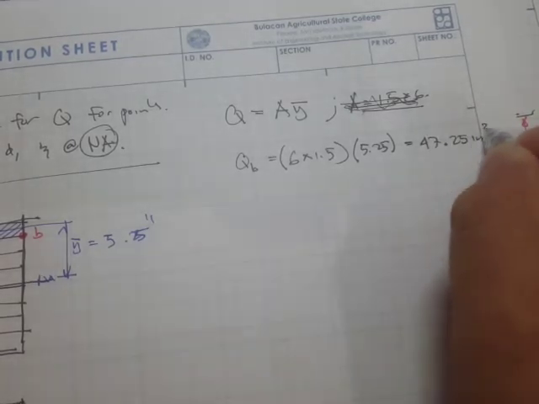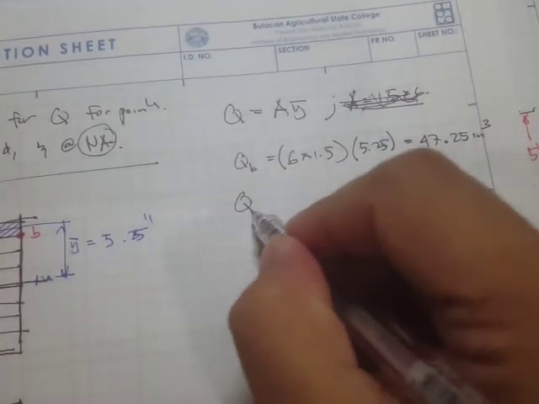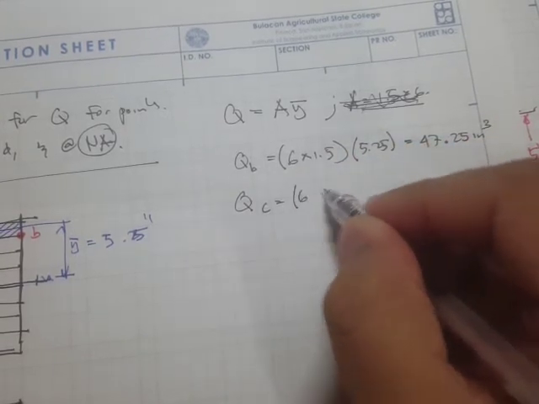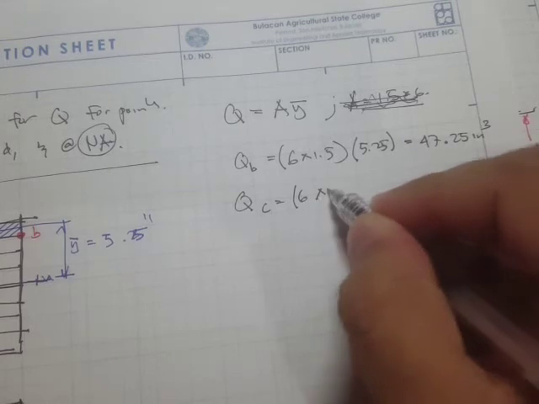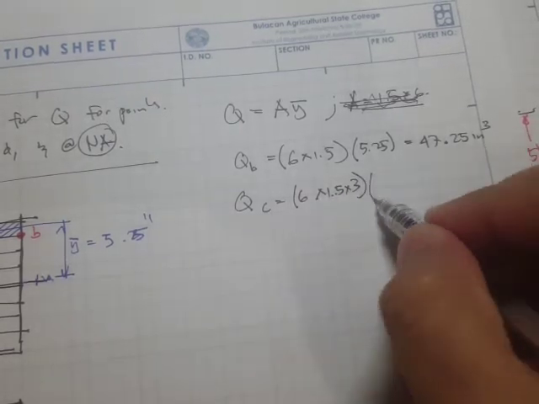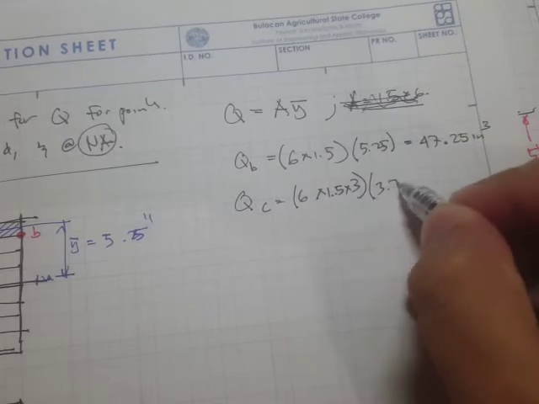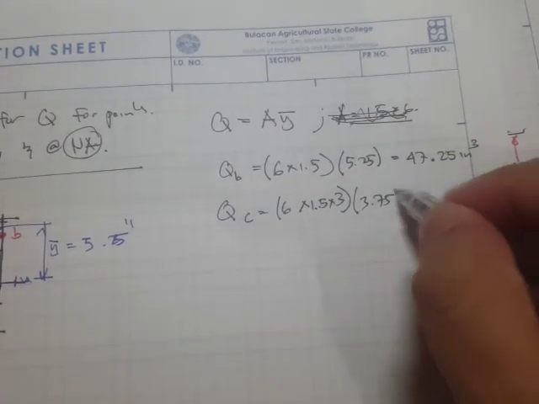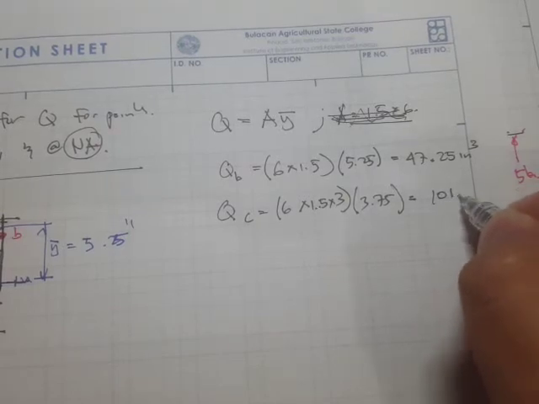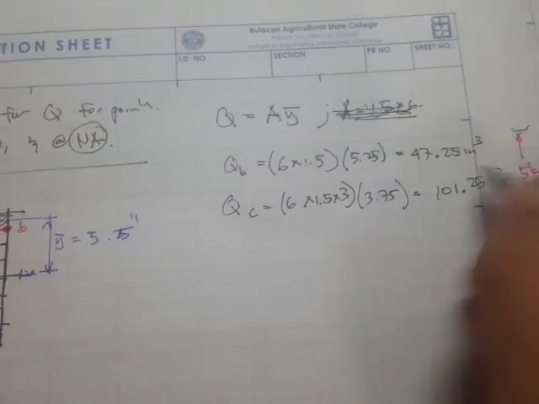47.25 inch cubed. For Q sub C, we have an area of 6 times 1.5 times 3, because we have 3 planks, times the distance of 3.75 inches, and this is equal to 101.25 inch cubed.